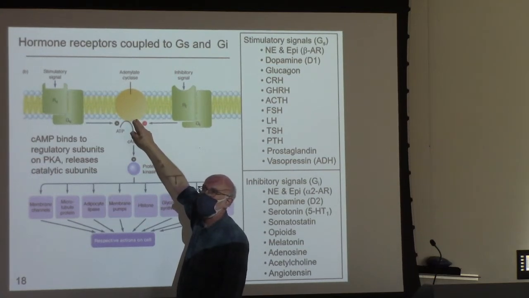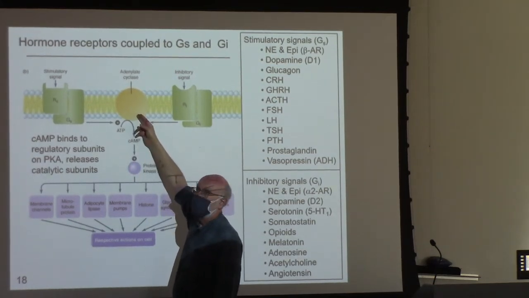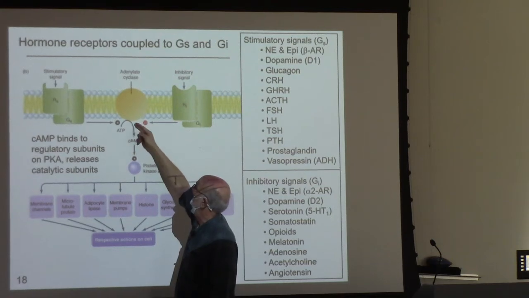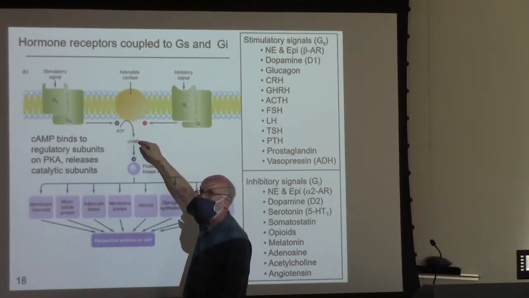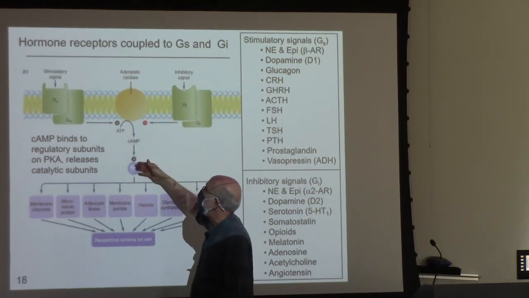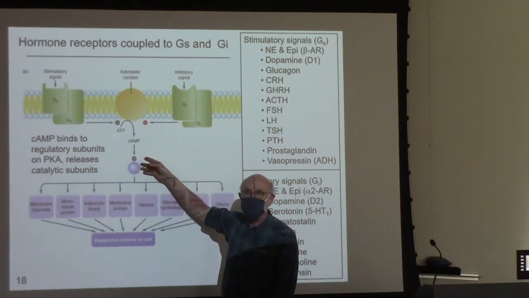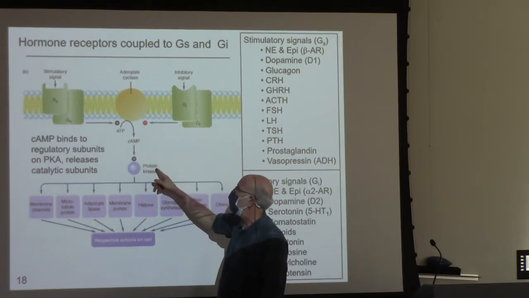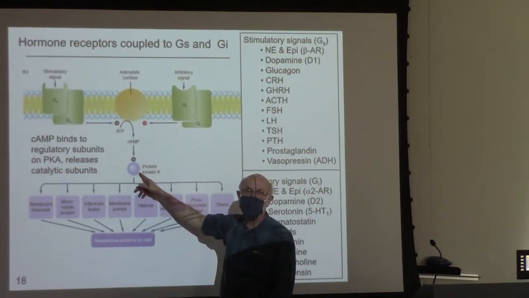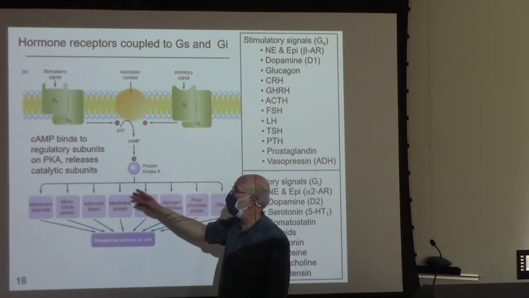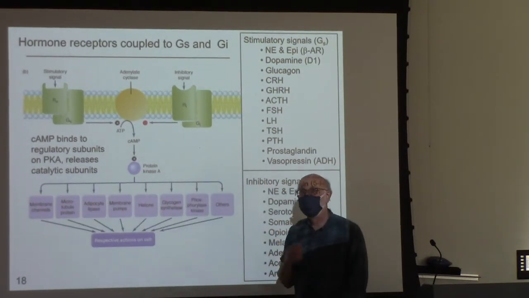This is the classic GS story. GS activating, hydrolyzing ATP to cyclic AMP, diffusing, binding to the regulatory subunits of protein kinase A, releasing active catalytic subunits of PKA, which has multiple effects.